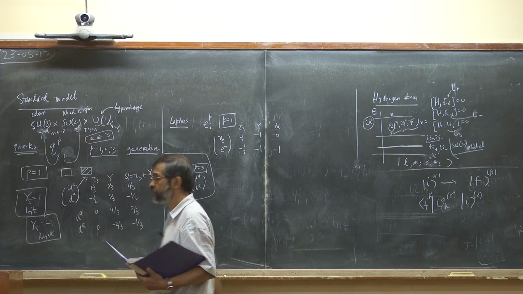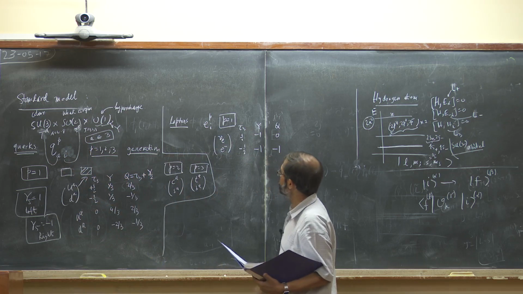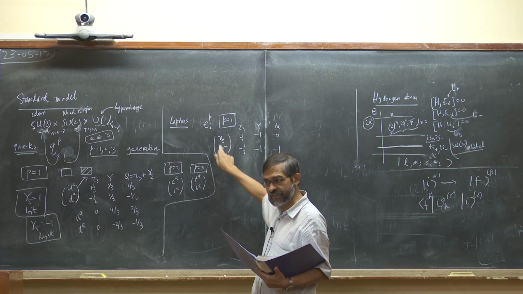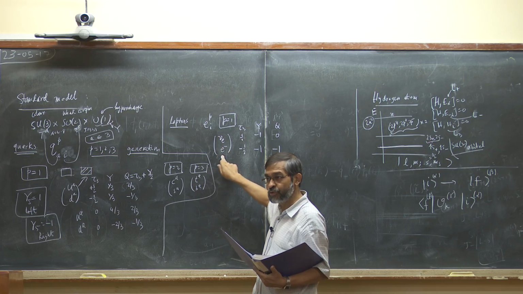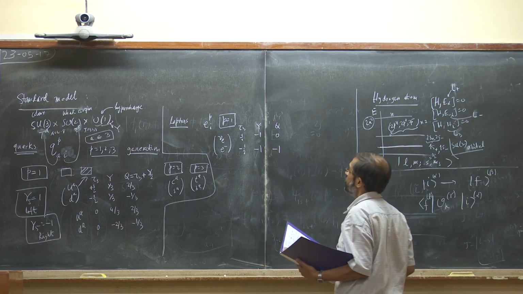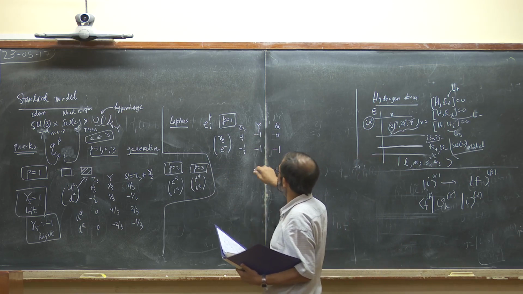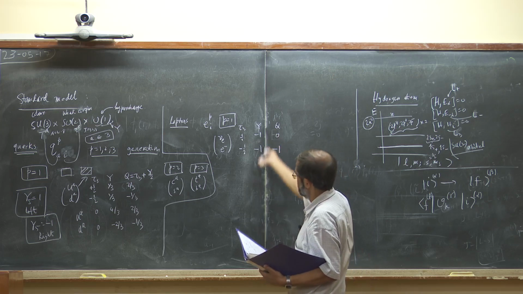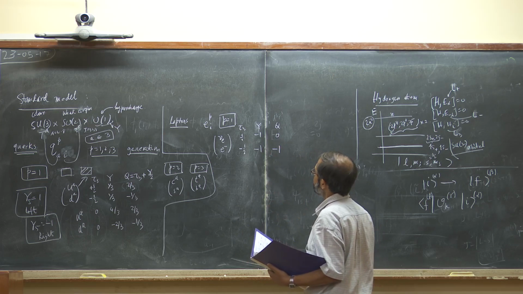So the weak interaction indeed acts on these guys, they do act under weak interactions with each other. The hypercharges, and they have these charges and so on and so forth, but they are not colored.